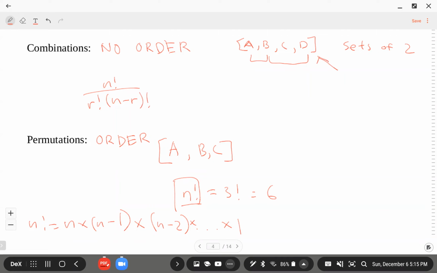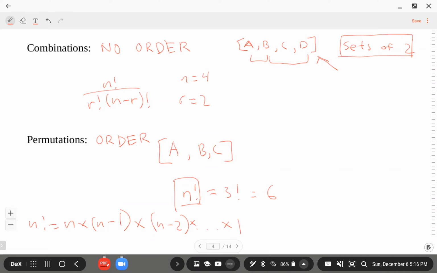So n in this case would be 4. Now r is how many objects you're picking out from it. You want to pick sets of 2, so r would equal 2.